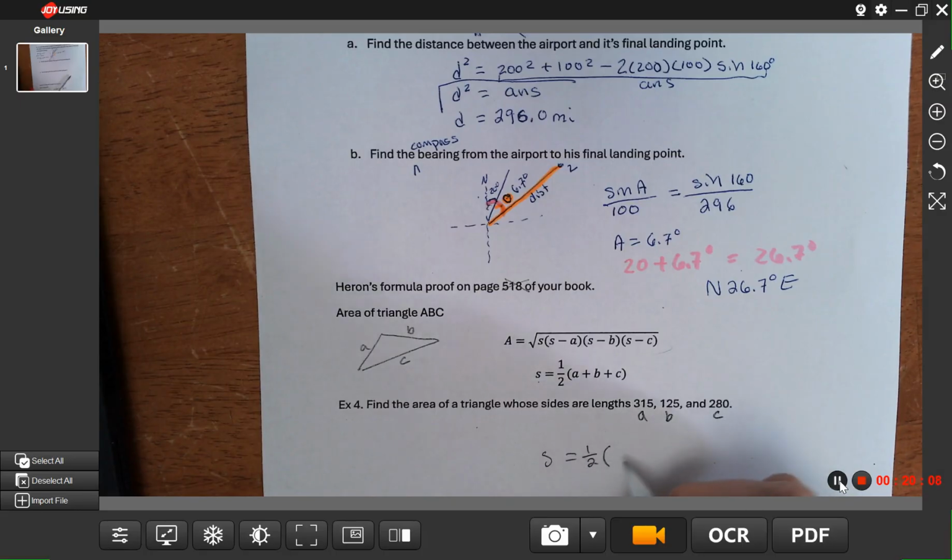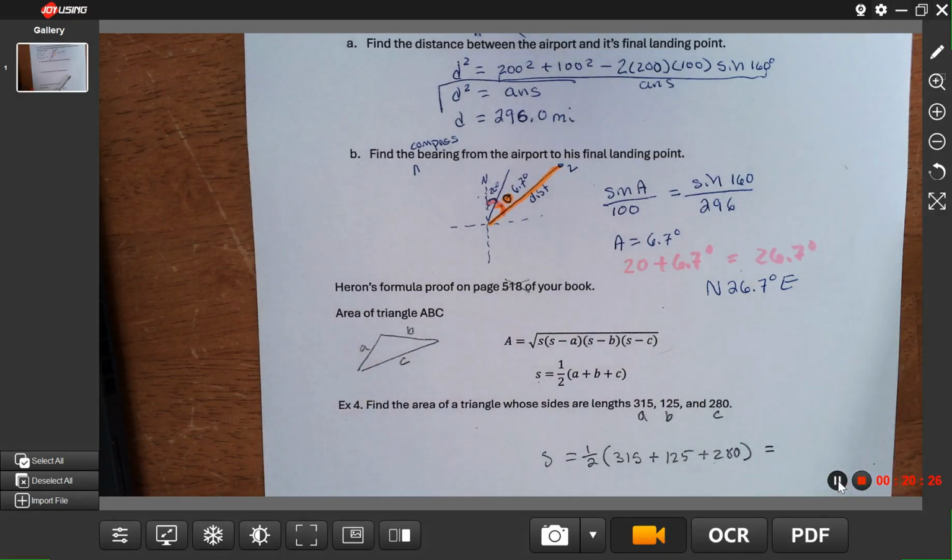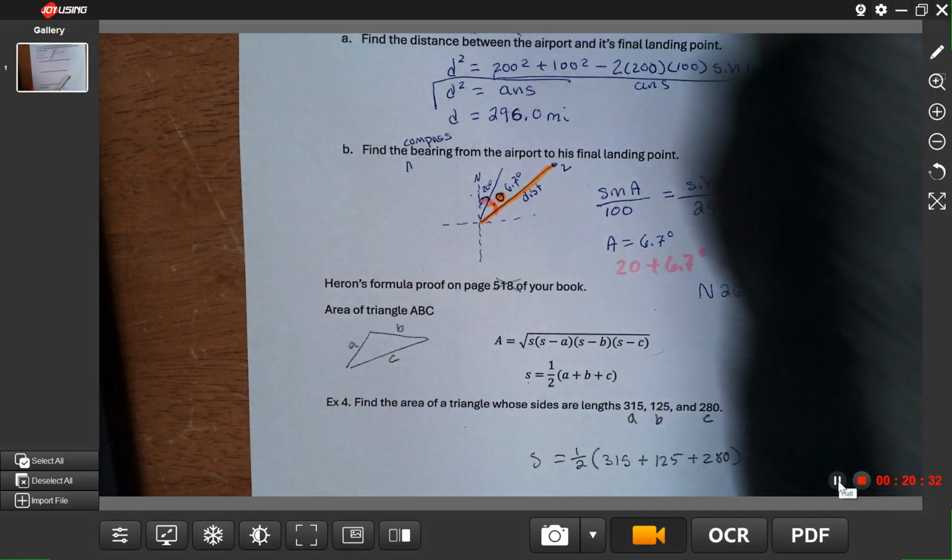So S is 1/2 the sum of the sides, or the perimeter, if you will. So that would be 315 plus 125 plus 280. And you do that in your calculator. So that works out to be 360.